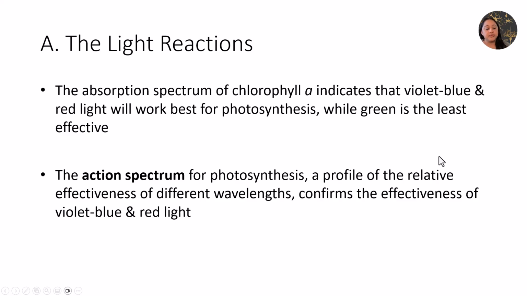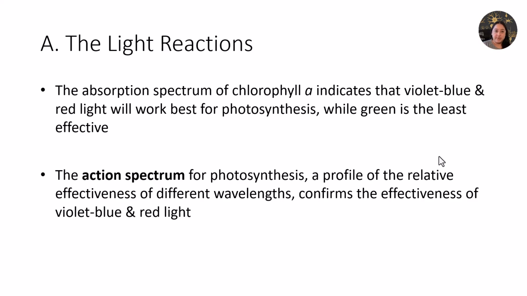And so the action spectrum for photosynthesis is a profile of the relative effectiveness of different wavelengths and confirms the effectiveness of violet, blue, and red light. So there are 2 different spectrums. The absorbance spectrum is just plotting the absorbance for different wavelengths.